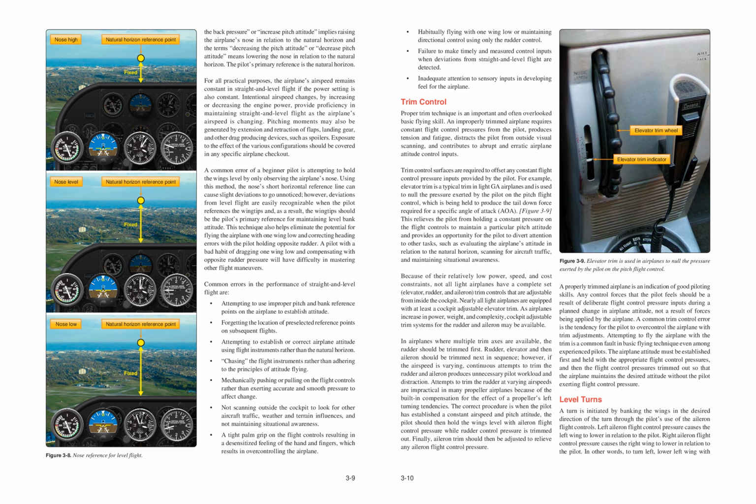Common errors in the performance of straight and level flight are: attempting to use improper pitch and bank reference points on the airplane to establish attitude, forgetting the location of pre-selected reference points on subsequent flights, attempting to establish or correct airplane attitude using flight instruments rather than the natural horizon, chasing the flight instruments rather than adhering to the principles of attitude flying, mechanically pushing or pulling on the flight controls rather than exerting accurate and smooth pressure to effect change, not scanning outside the cockpit to look for other aircraft traffic, weather and terrain influences, and not maintaining situational awareness.